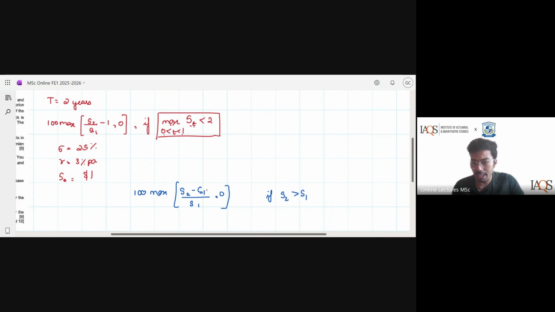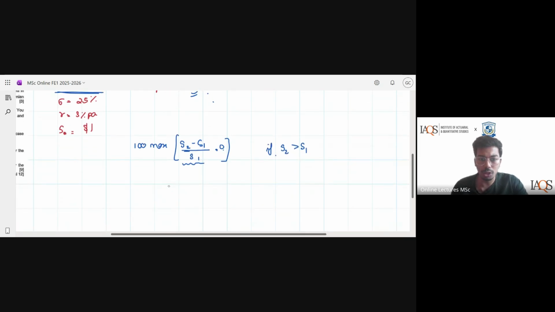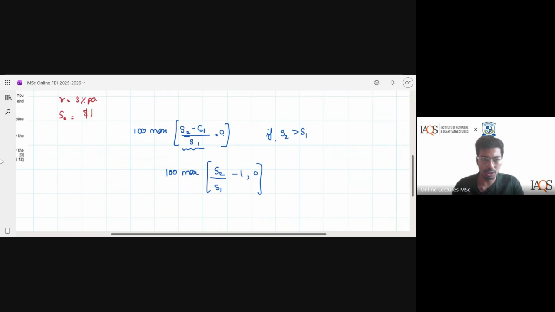Because if S2 is less than S1, the stock price at time 2 is less than the stock price at time 1, this term will go negative. In that scenario, you are going to get 0 rupees. Therefore, you getting this payoff is not just conditioned on one thing. It's actually conditioned on 2 things. Fair enough? So the payoff that you are receiving, 100 into max of S2 by S1 minus 1 comma 0, is based on 2 things.